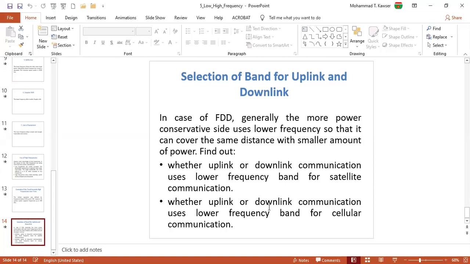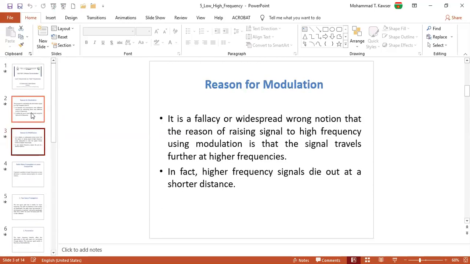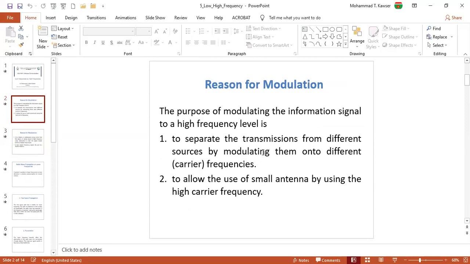One particular thing I want to address as our last point today. You modulate your signal to a high frequency because, just go back to the early slides, why do you need modulation? First, to separate your transmissions from different sources.